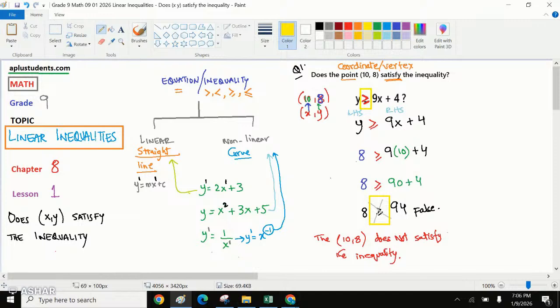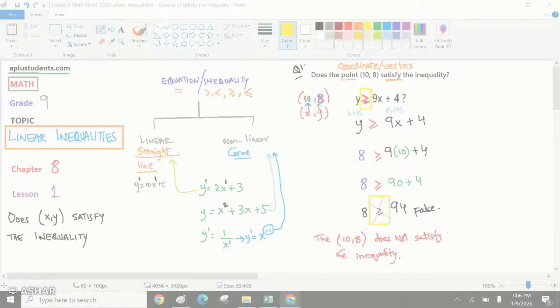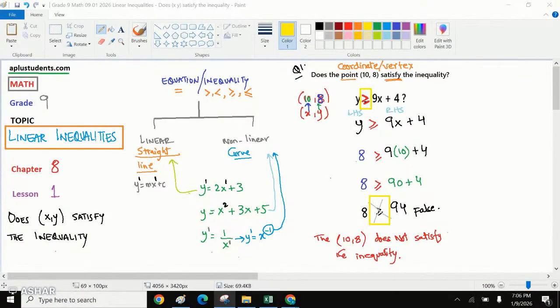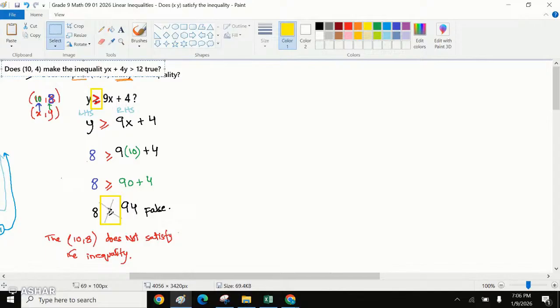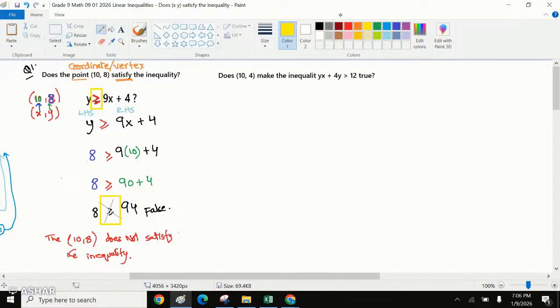Moving on to the next question, question number 2. I'll just copy the next question. For question number 2, it says, does this point make the inequality true, right?